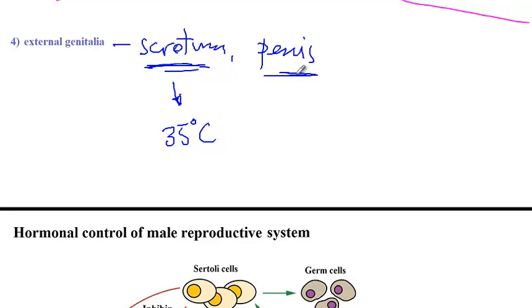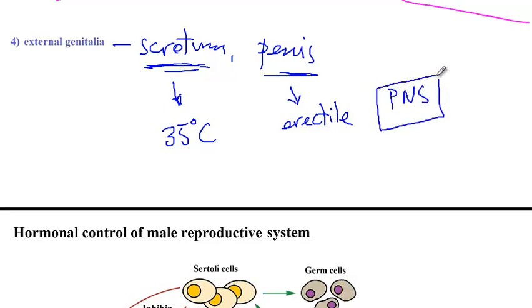And then the penis is composed of three cylindrical columns of erectile tissue. So it contains erectile tissue that stiffens during the arousal state, at which time the parasympathetic nervous system induces relaxation of vessels.